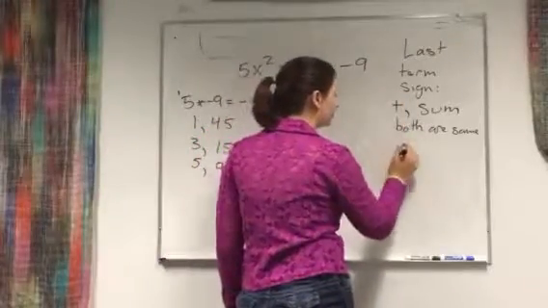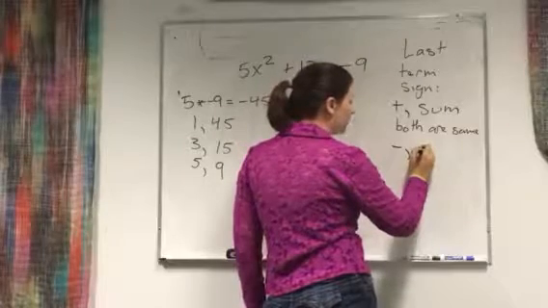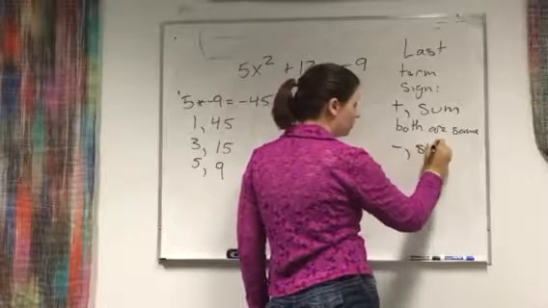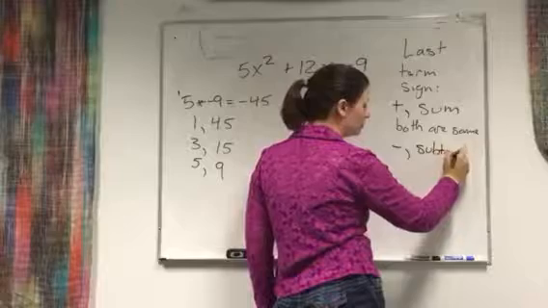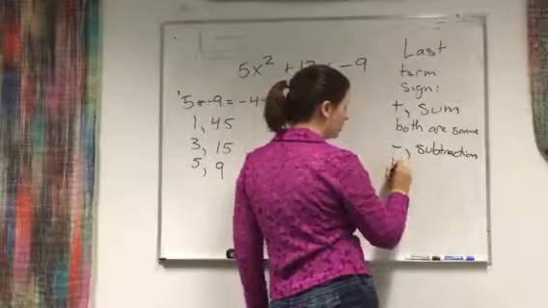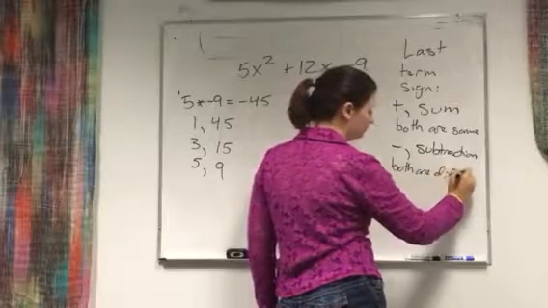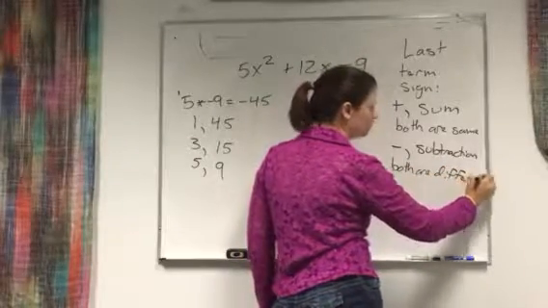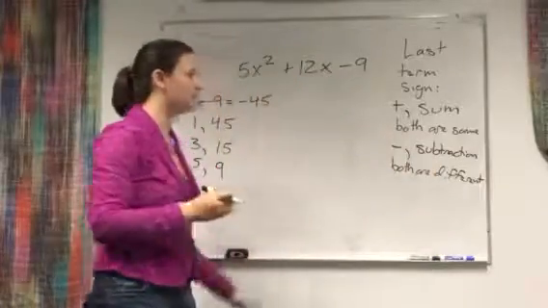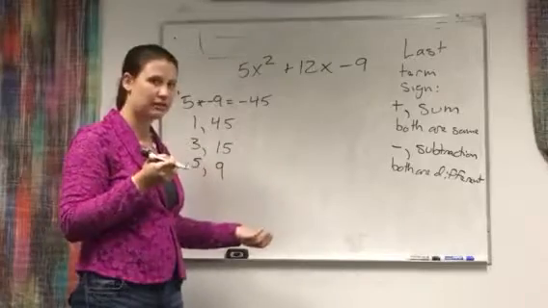If the last term is negative, that means that you're looking for a subtraction, not a sum anymore, and both are different signs. Okay, because again, multiplication to get a negative, one's positive, one's negative.